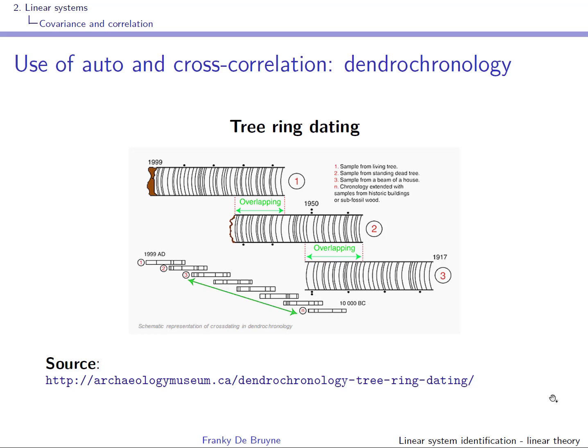So, if a piece of wood is found in an archaeological site, the tree ring sequence is determined, and this sequence is then correlated with all the available reference sequences. This allows scientists to date and match the location of the piece of wood.